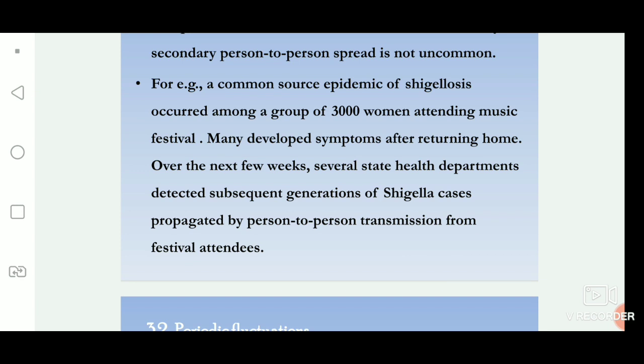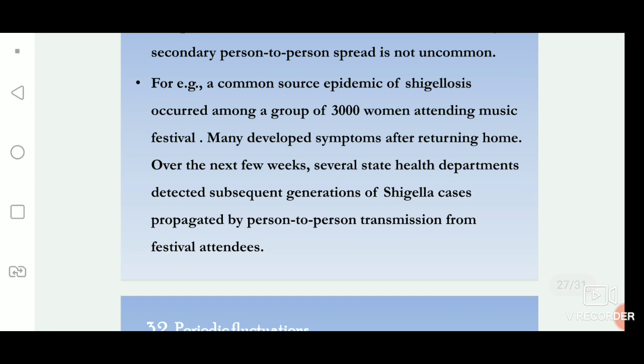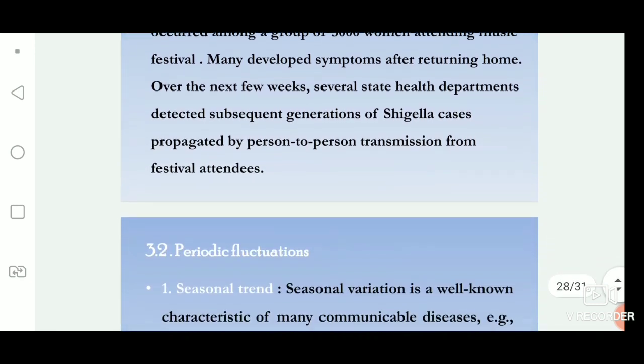Many people developed symptoms when they returned to their homes. But over the next few weeks, Shigella cases increased from person to person. First it happened because of a common infection, and second it followed from person to person. This is called mixed epidemics.